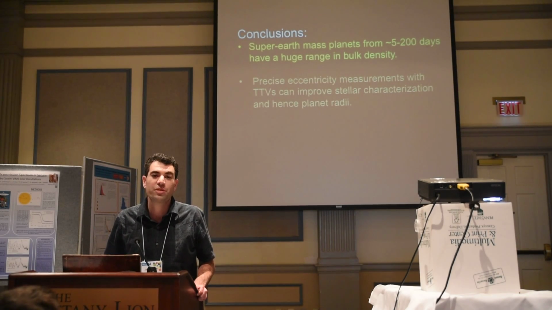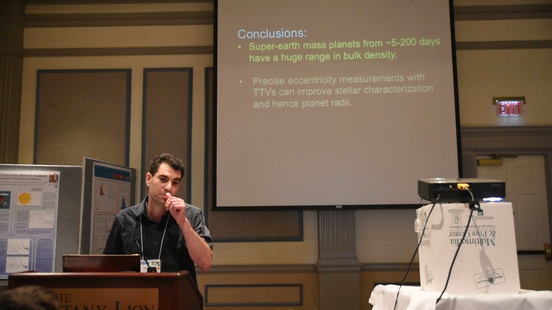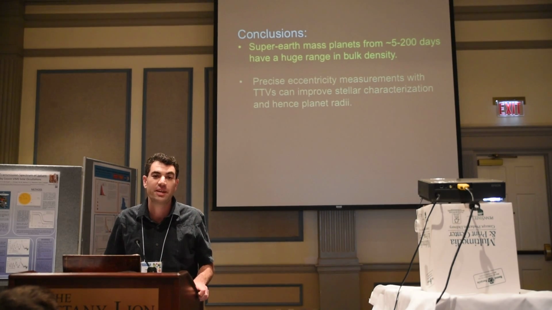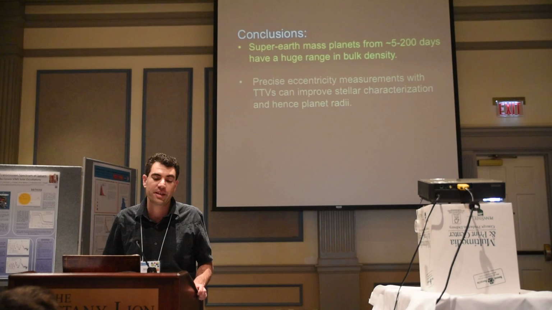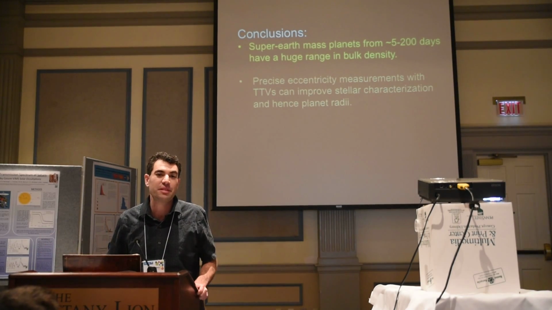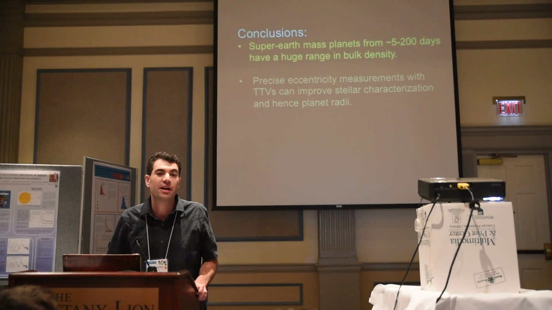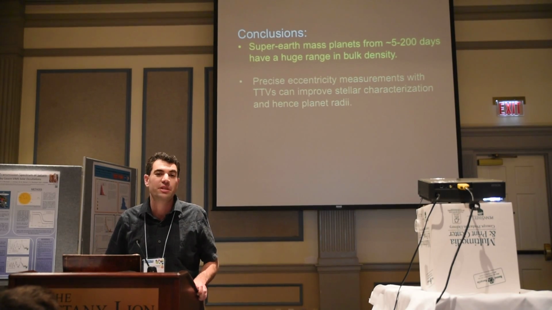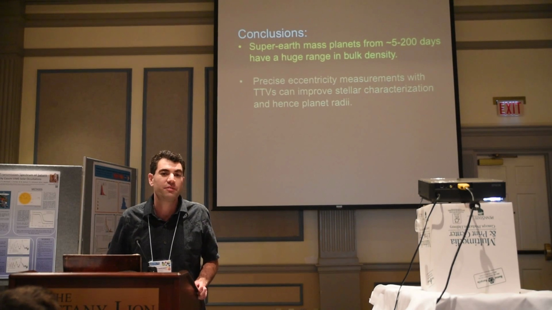TTVs improve much more with orbital periods. So the longer orbital period ones are better to characterize with TTV. That's just an observational thing. Theoretically, apart from mass loss, I can't think of anything else that would favor these planets being found by TTVs over RVs.